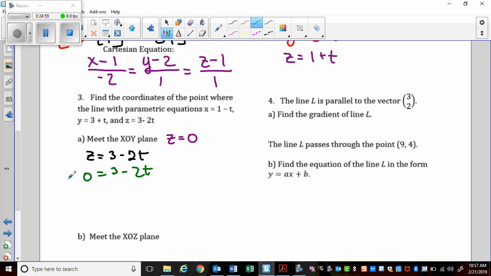So I'm going to subtract the 3, divide by -2, t equals negative divided by negative, so it's just 3/2. Okay. Now I can find the other ones. Substitute in for t. x equals 1 minus 3/2. So x is -1/2.